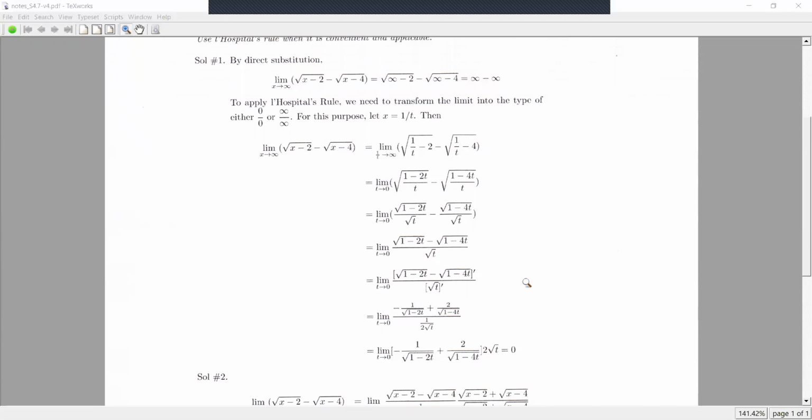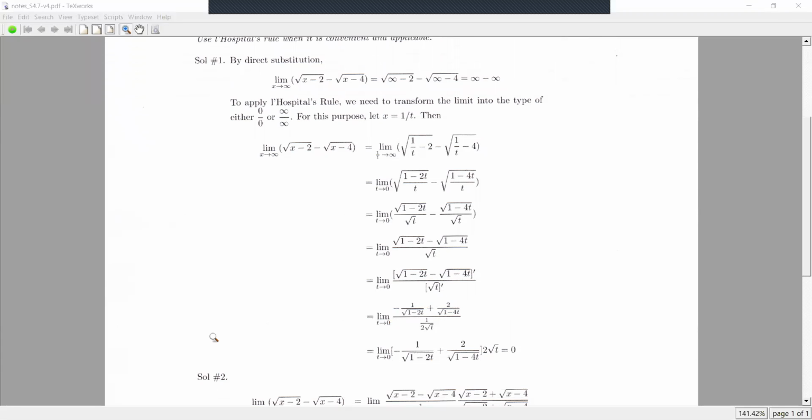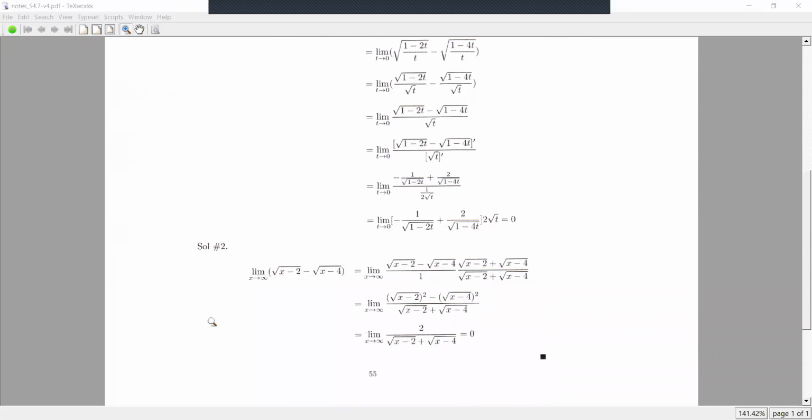So, solution 1, I use L'Hopital's rule to solve the problem. Solution 2, I don't use L'Hopital's rule to solve the problem, but use the algebraic conjugate. The solution by algebraic conjugate is much simpler than the solution by L'Hopital's rule.